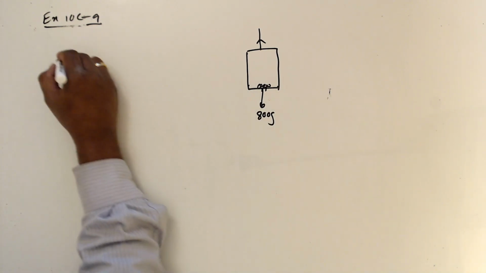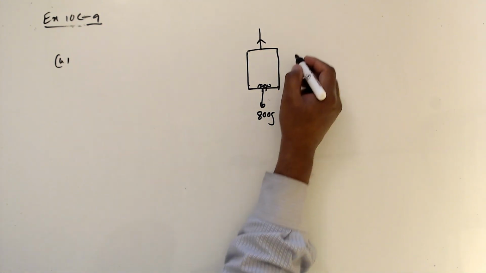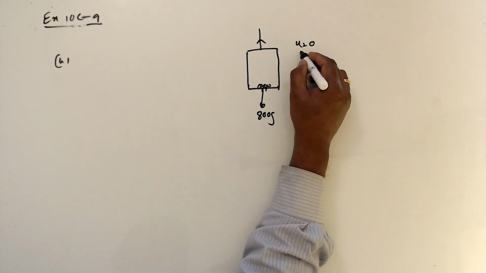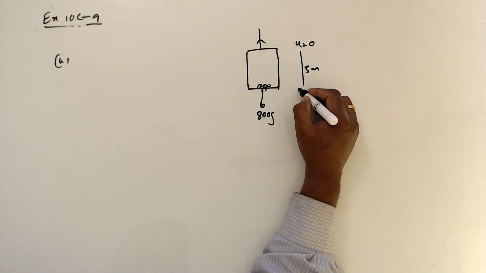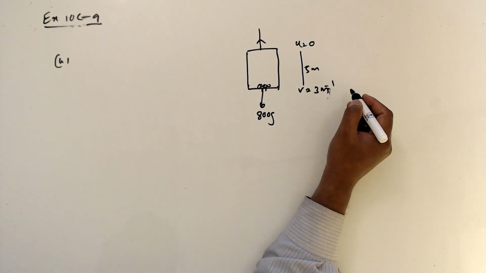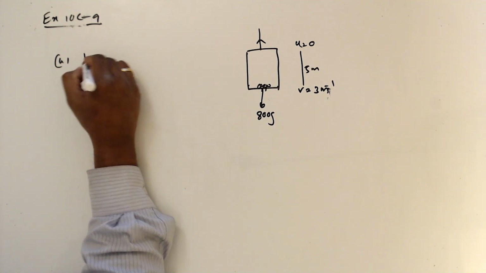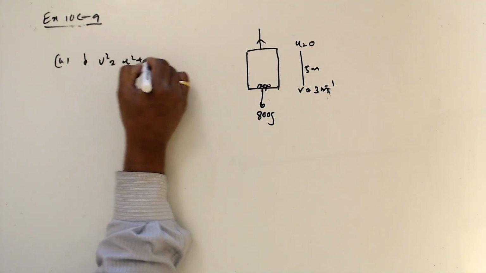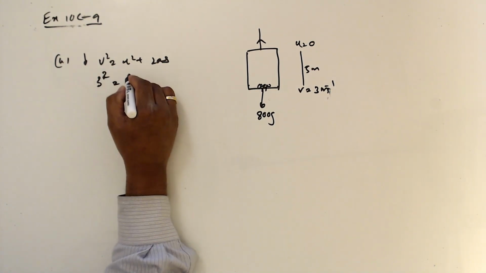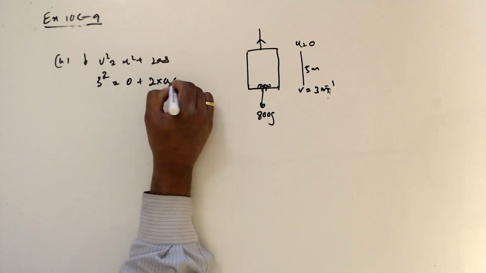And part A, we need to find the acceleration. It is given that it starts from rest, so u equals 0, and it travels 5 meters, and then reaches 3 m/s. So we need to find the acceleration. So we'll put it in this direction. v squared equals u squared plus 2as. v squared is 3 squared, equals u squared, which is 0, plus 2 times a, and s is 5.